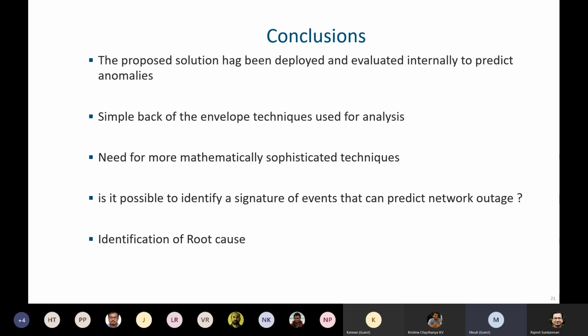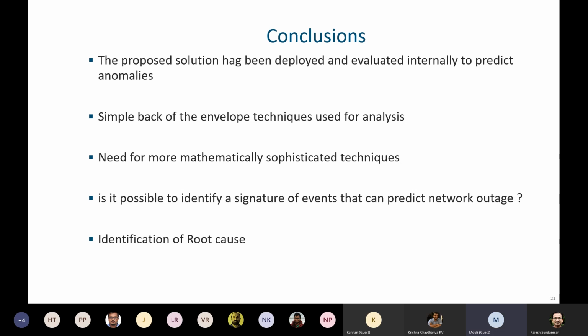They have data, and we can look at what the preceding logs are before a failure happens. So if you are able to see these sort of events, you can reasonably conclude that there can be a failure. There are some efforts underway right now.